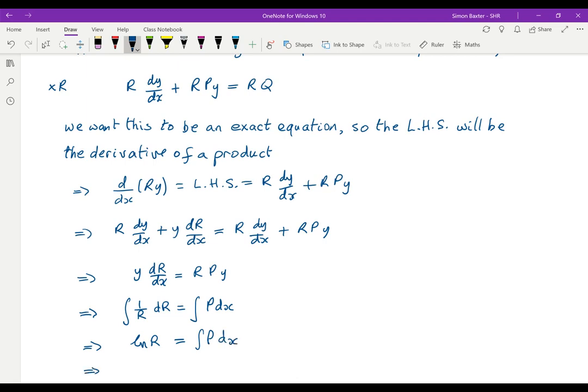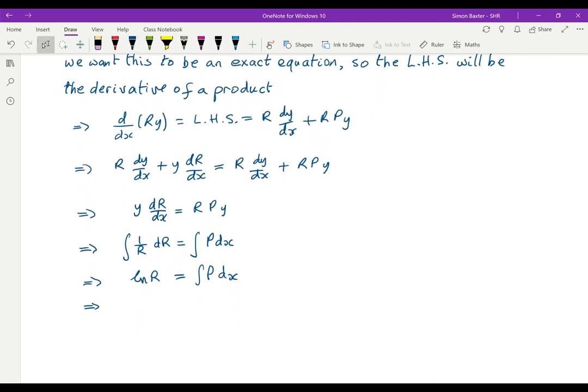And then we know that r is equal to e to the integral p dx. r is called the integrating factor.